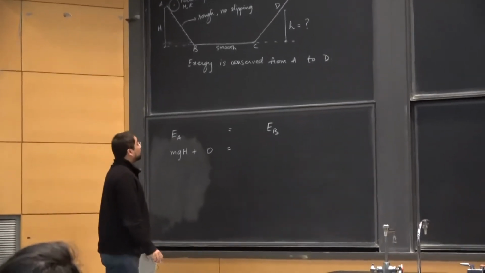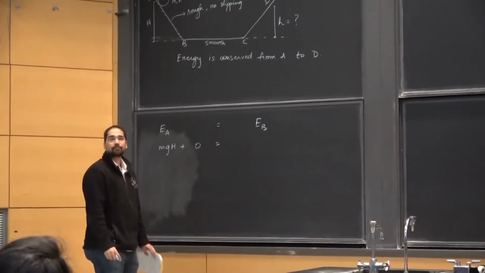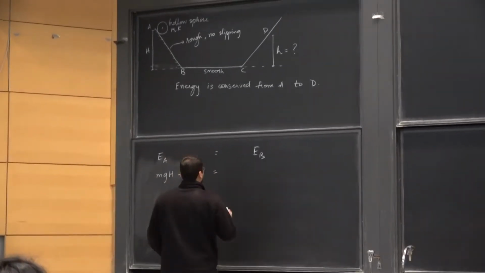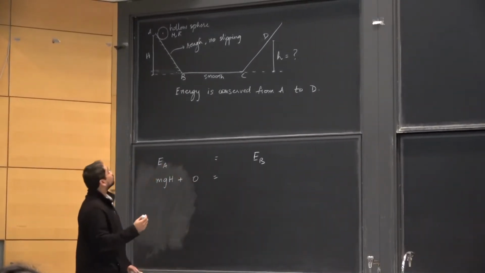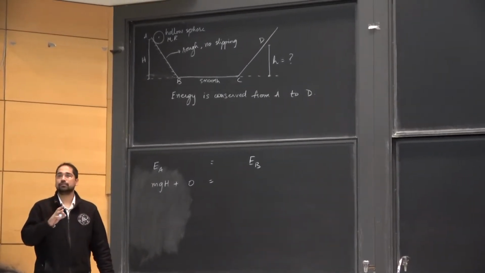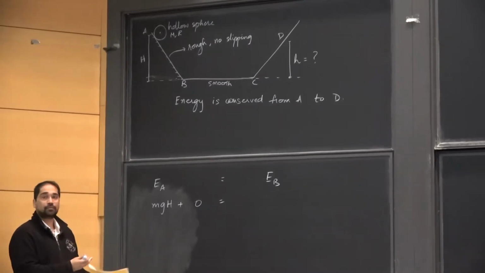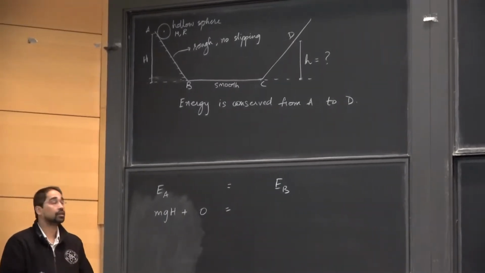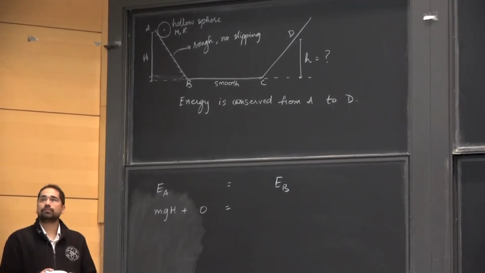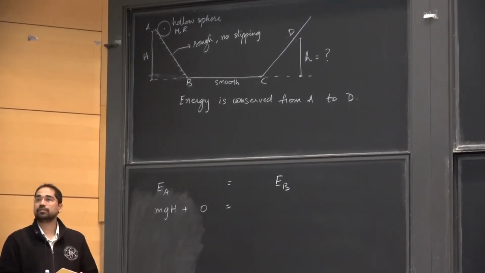Right. What is the energy at B? Well, first of all, is there any potential energy? No, right? Because I'm measuring energy from ground level, which is BC. So if I'm measuring all potential energies from there, potential energy at B or C is actually 0.